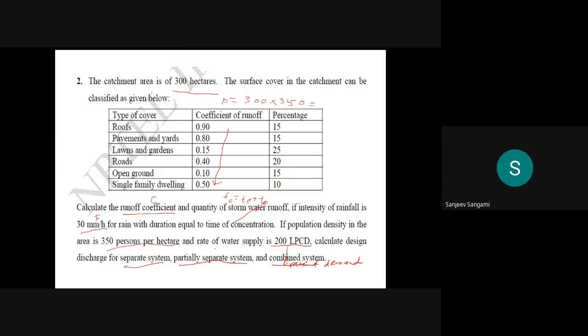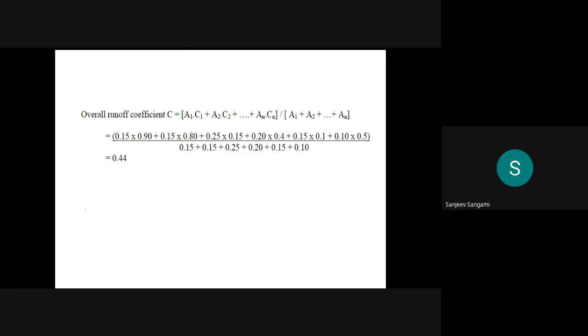So we already know that the combined system is nothing but storm water plus sewage flow.